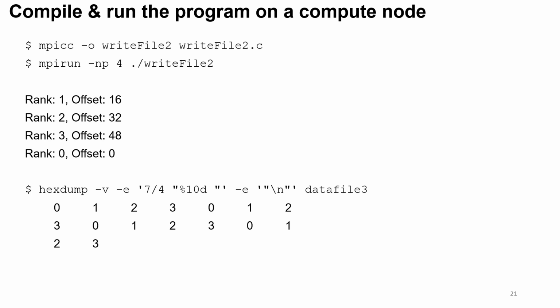So here on the slide, I showed how I'm using the hexdump command to display the contents of the file named datafile3, which is a binary file. And we would see this pattern of numbers printed here. And basically, this confirms that the data that was read from the buffer got written to the file correctly.